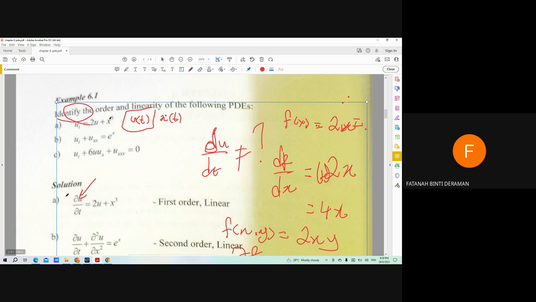So we just differentiate with respect to t. So that's why we only differentiate with respect to t. So that's why the function is this.